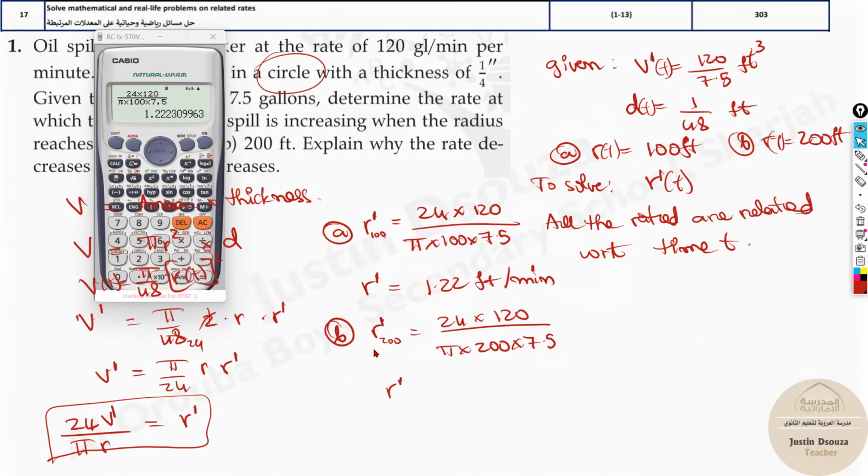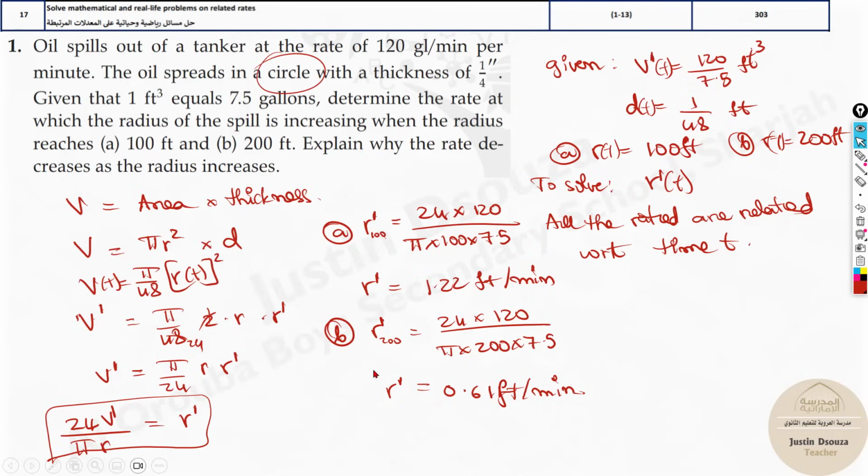Now, what about the next one? For 200 radius, just change this to 200 and you can see there is a decrease. We saw initially that as the radius increases, the rate reduces. And yes, the rate is reducing, and that is 0.61 feet per minute. This is how you can easily solve this problem.